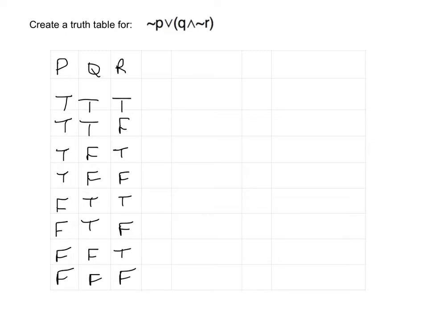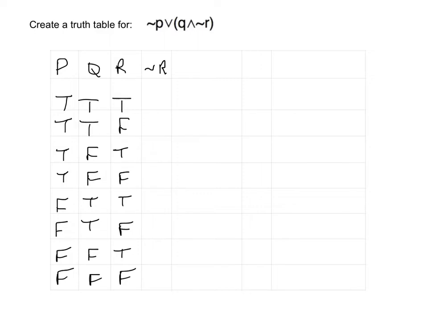Now, when I go to fill out my top row of this truth table, I want to think about how I want to fill this out. I don't want to just automatically throw things in. I know that before I can find the entire truth statement, I'm going to have to find this set of parentheses first. But within this set of parentheses, the first thing I'm going to need is not R. So I'm going to put not R as my next column.